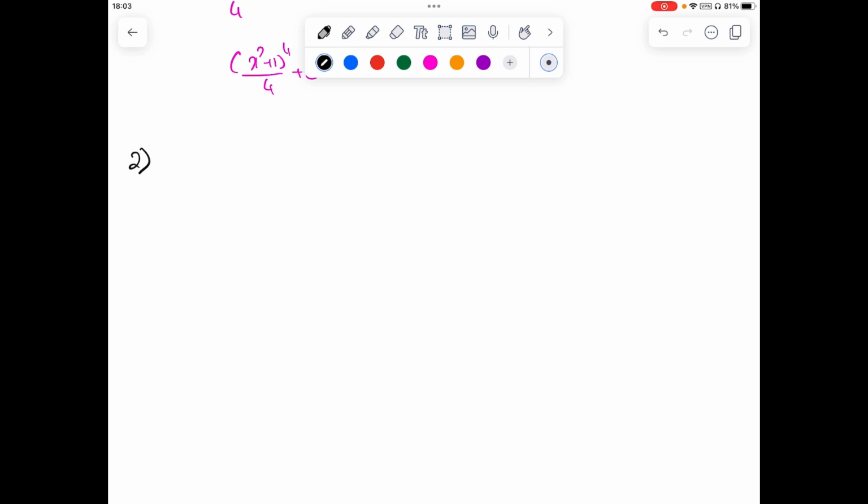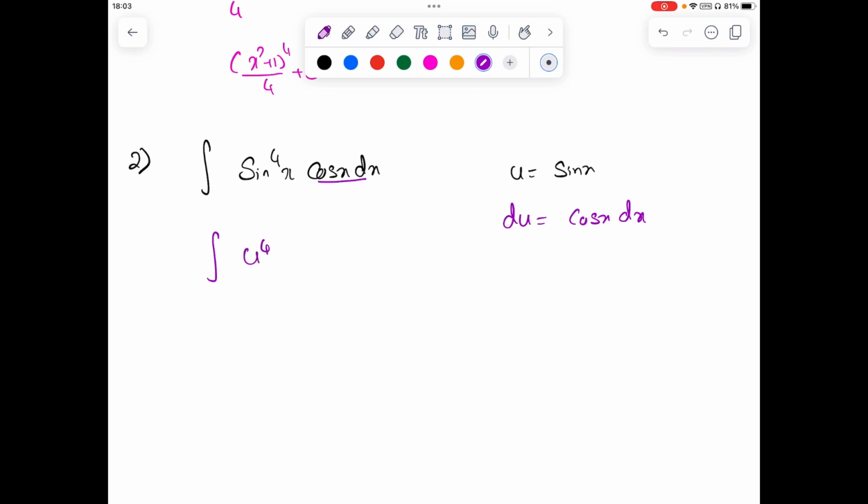Question number 2 now. What is the question? Integral of sin to the power of 4 x cos x dx. And u has been given as sin x. So du is cos x dx, and this becomes u power 4 du.